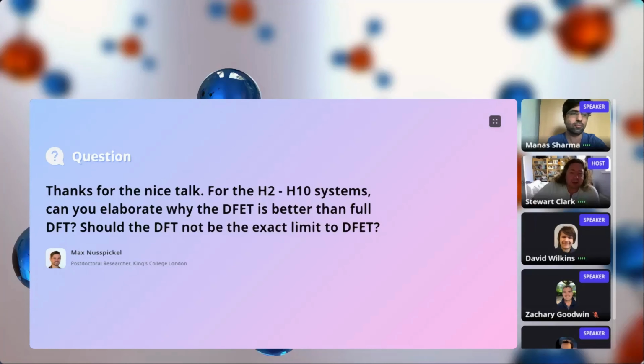For the H2H10 system, can you elaborate on why the DFET is better than full DFT? Should the DFT not be the exact limit of DFET? Yeah, in these two cases, where we have the molecular binding energies, maybe I was not able to explain my concepts better, but in the periodic case as well as this case, what I'm showing is just DFT in DFT embedding. So here, of course, the limit would be DFT.